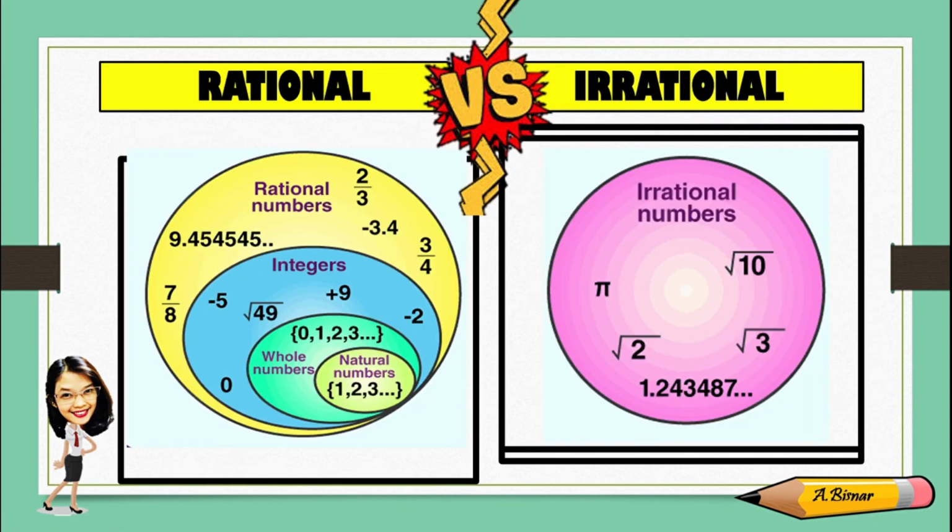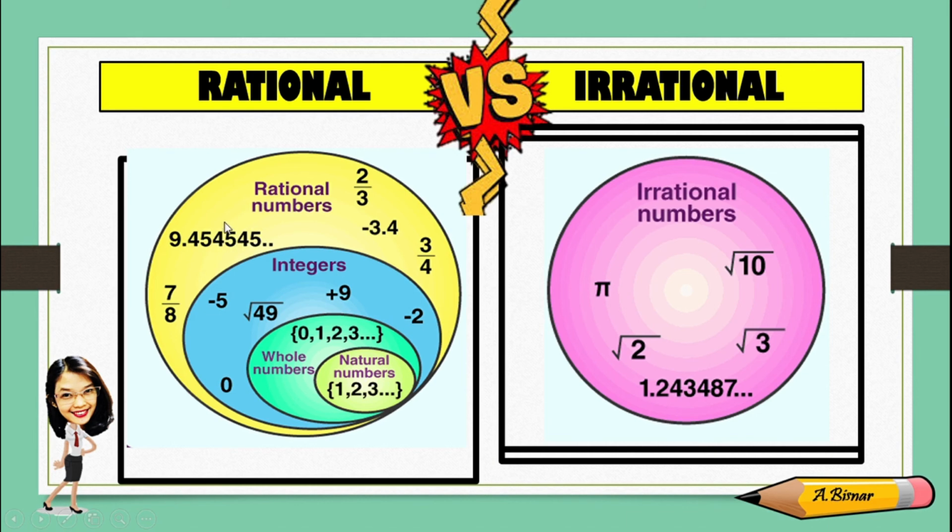So let us take a look at this. As you observe, rational numbers are not just fractions or decimals. It also includes natural numbers and whole numbers. Well, aside from that, it also includes integers. Integers are the positive and the negative numbers. Then, as you observe, we have here the fractions and the decimals.